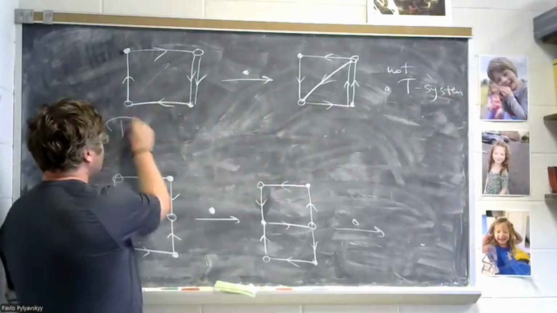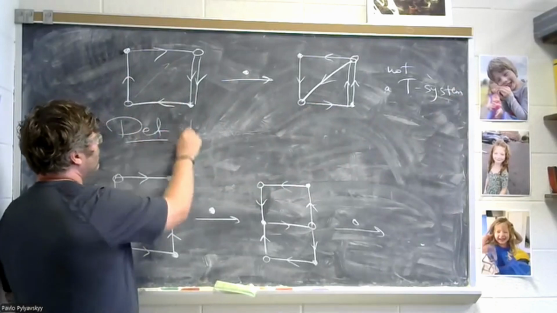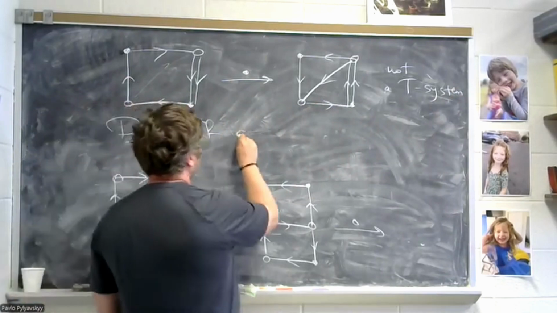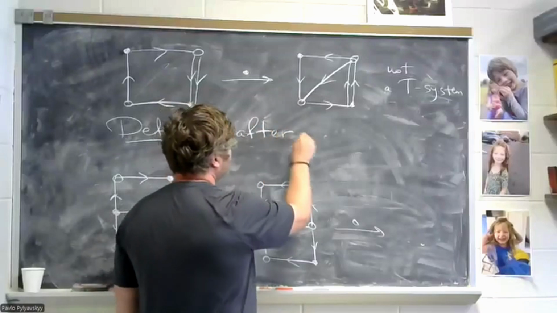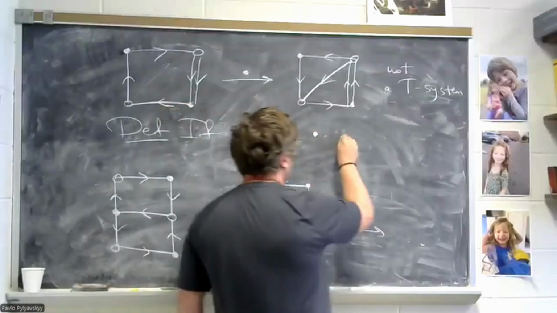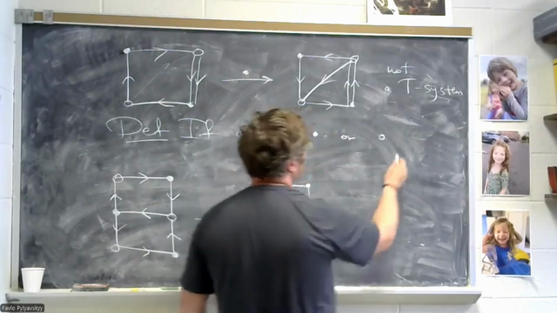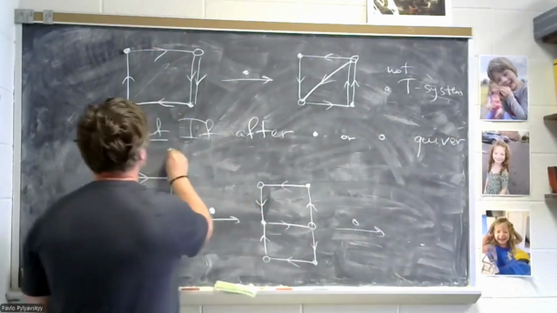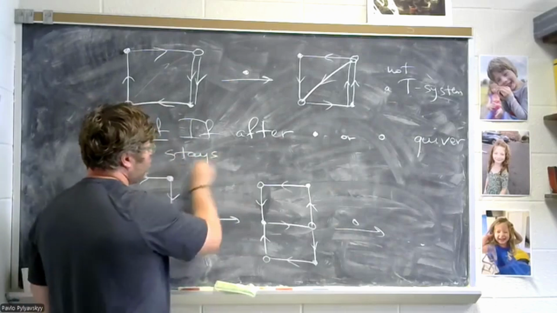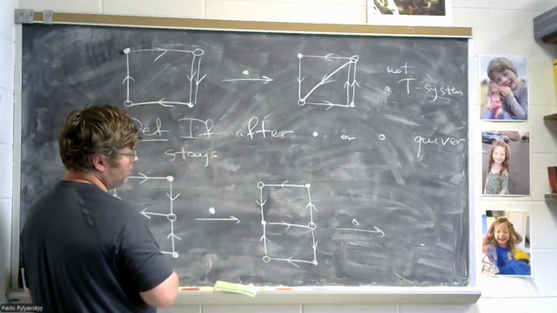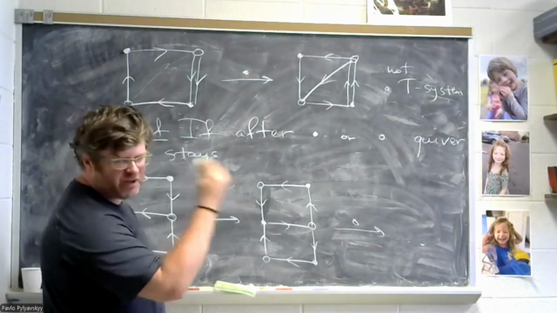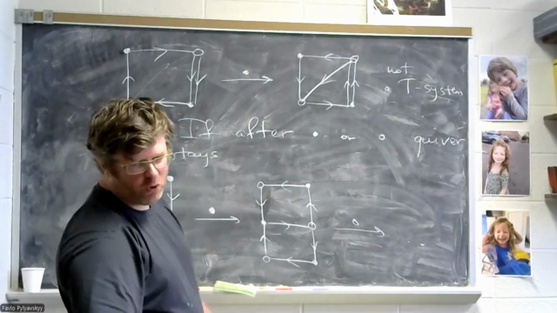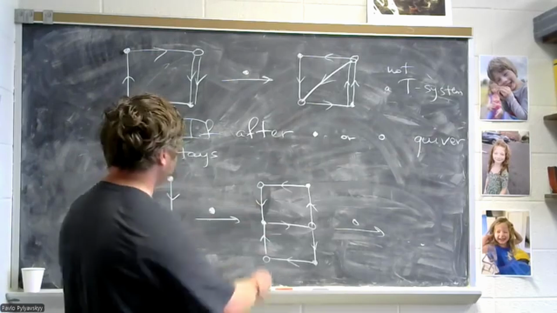So here's our definition. If after clicking black or white, the keyword stays the same up to reversal of all the arrows, right? So except all arrows globally get reversed.